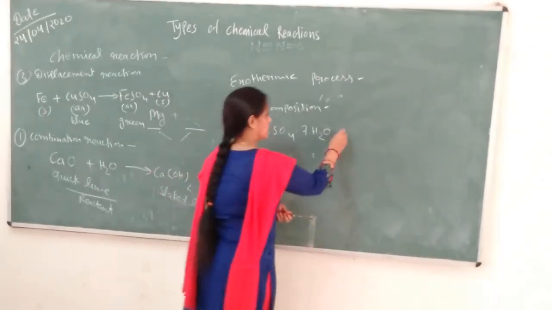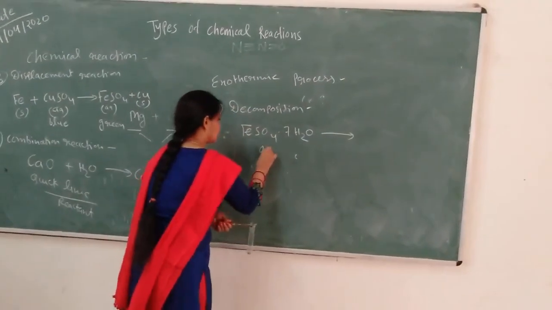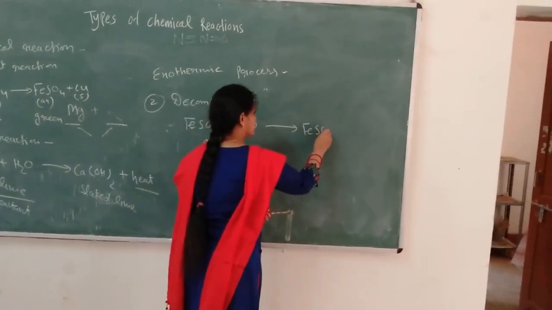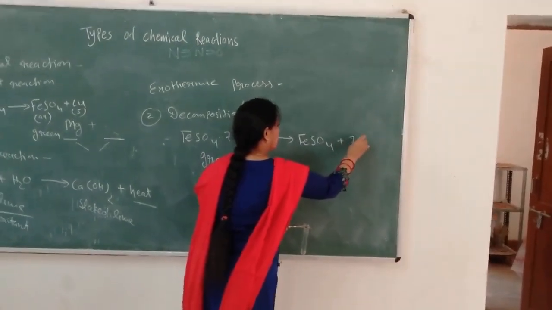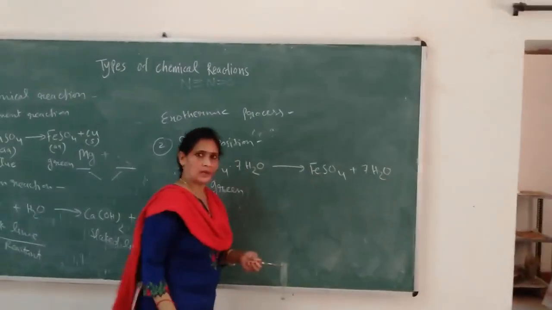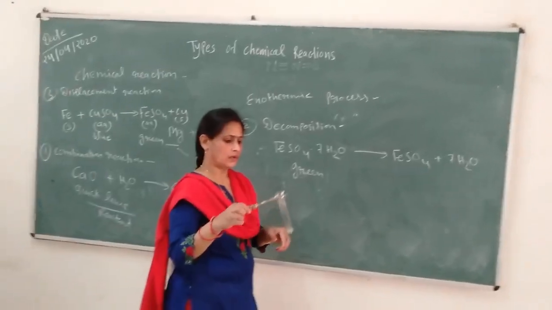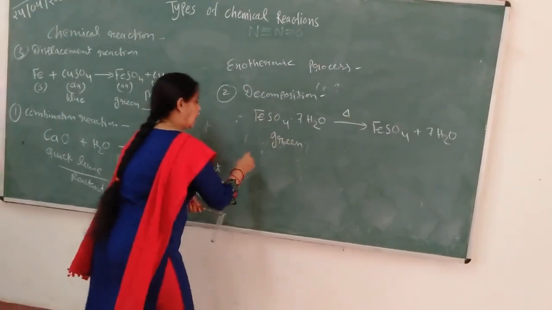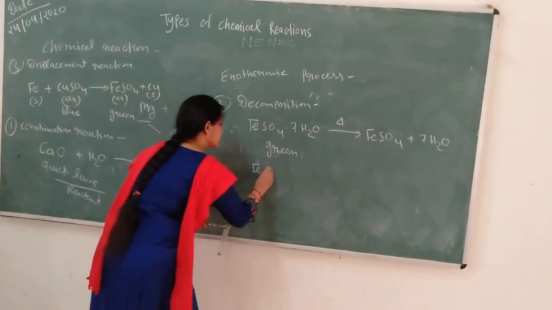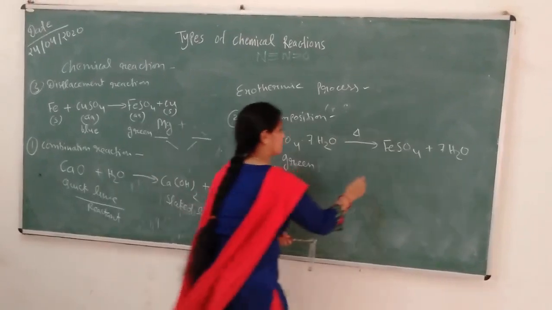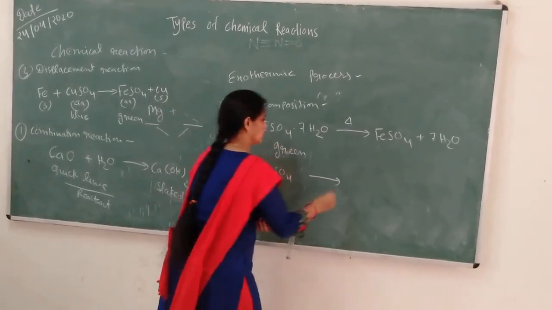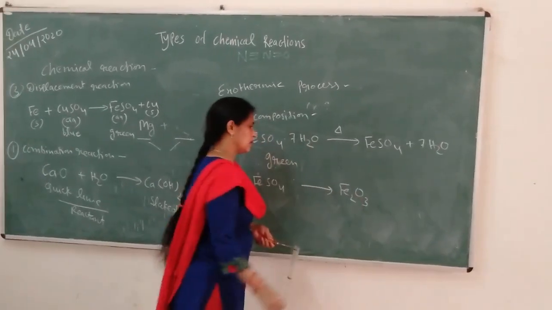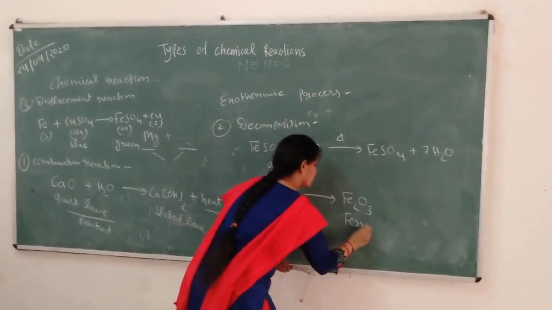First, on heating, this green color substance changes into a white color substance, that is ferrous sulfate, and the water vapor you observed during this process. After some time this white color ferrous sulfate changes into a brown color substance, that is what? This is ferric oxide.